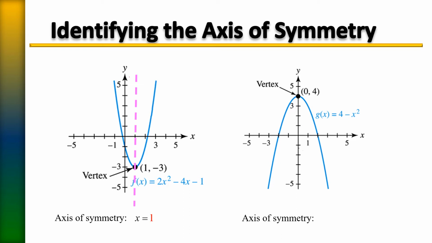What is the axis of symmetry for the second example? If you notice that the line goes through 0, the origin, then the line would be x equals 0, and that is the axis of symmetry.